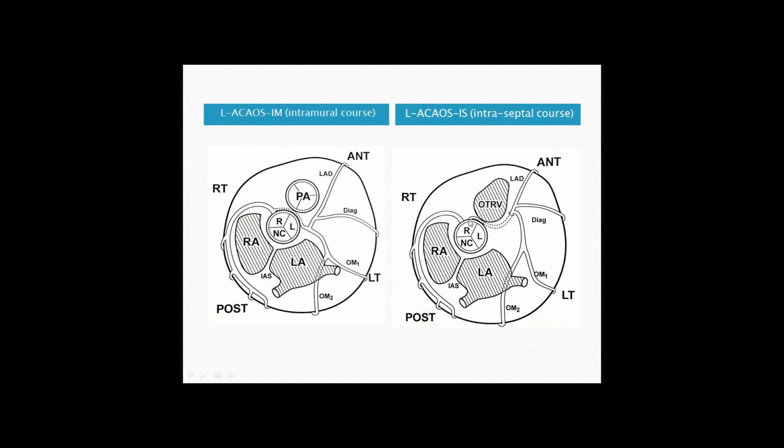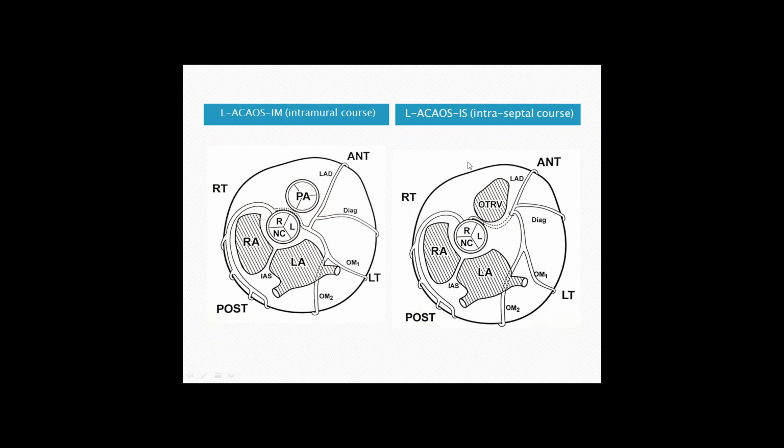The left coronary artery that comes from the right is running straight down at the level of the outflow tract of the right ventricle into the infundibulum to become epicardial only at the level of the interventricular sulcus, which is this, where the LAD is, the diagonal, the obtuse marginals 1 and 2.